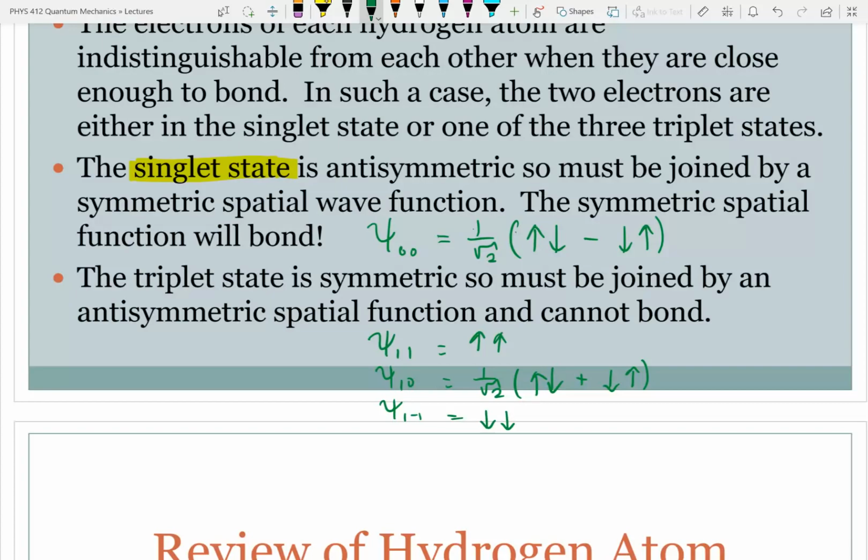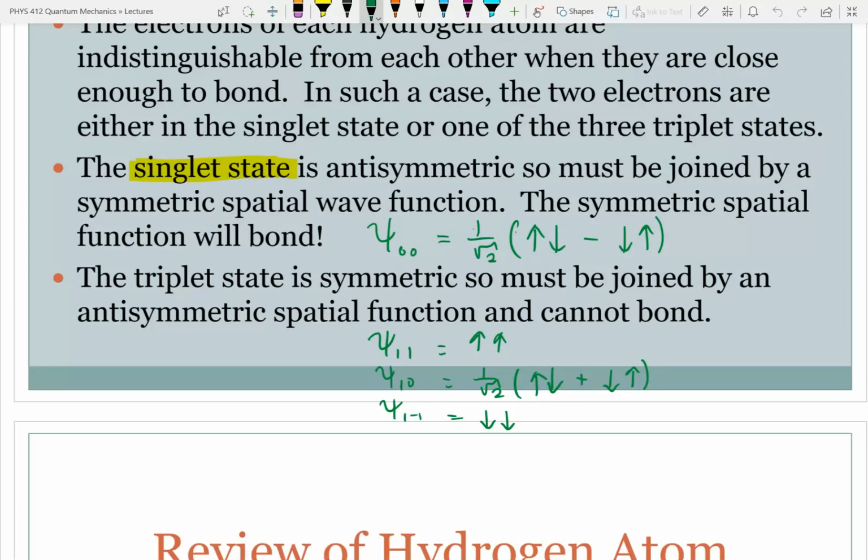So the triplet state is symmetric, and when you join it with an antisymmetric spatial function, it won't bond. The singlet state is antisymmetric, so when you join it with the symmetric spatial function, then you will be able to have bonding.